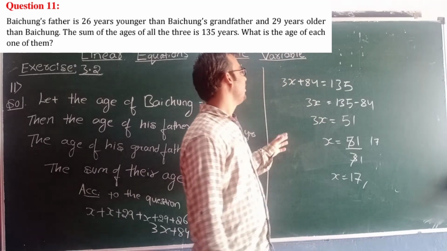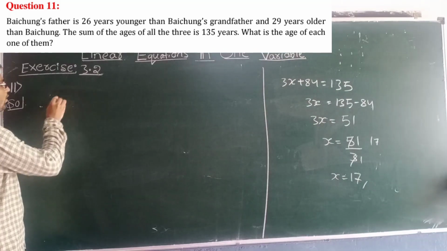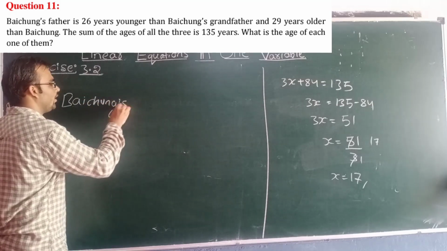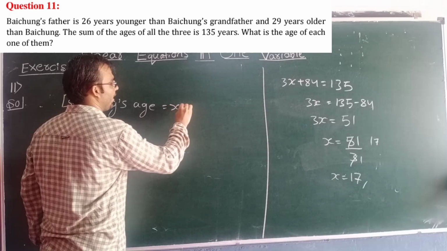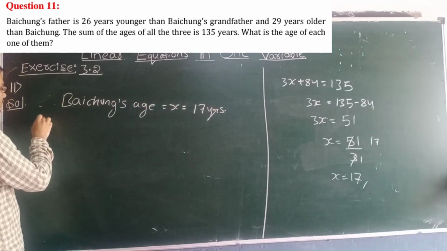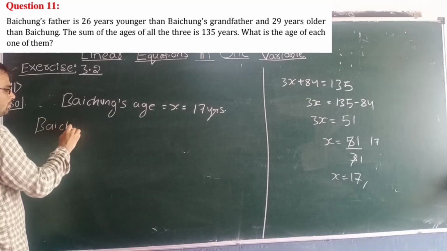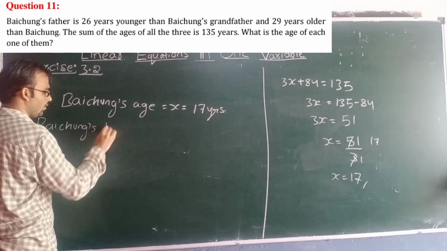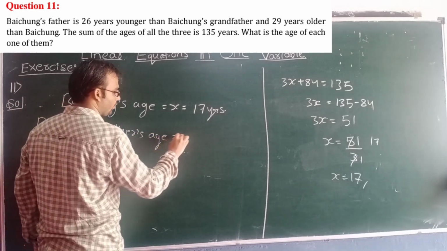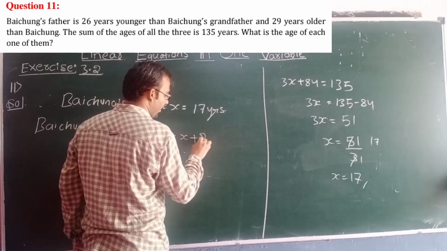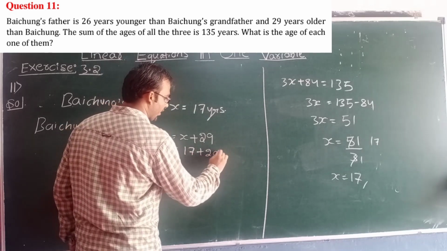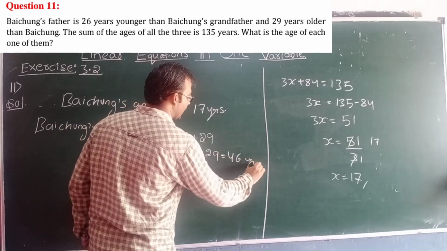Now what do we need to find? We need to find their ages. Therefore, Baichung's age equals x, which is how much? 17 years. Next, Baichung's father's age equals x + 29, that is 17 + 29, which is 46 years.